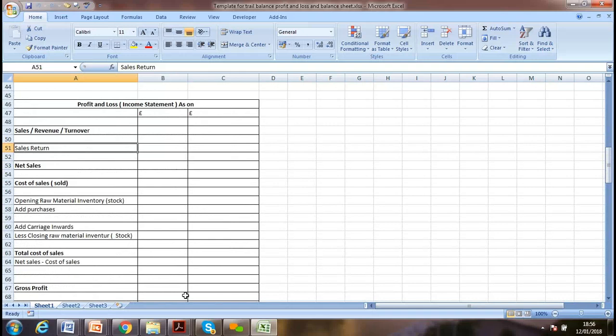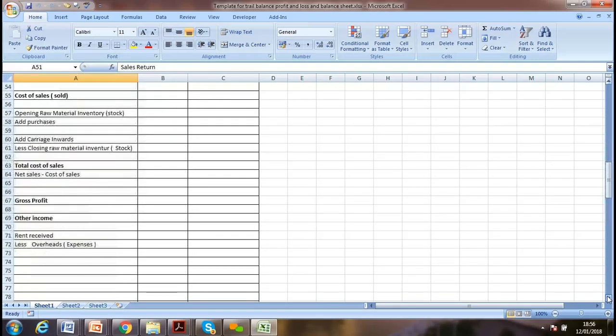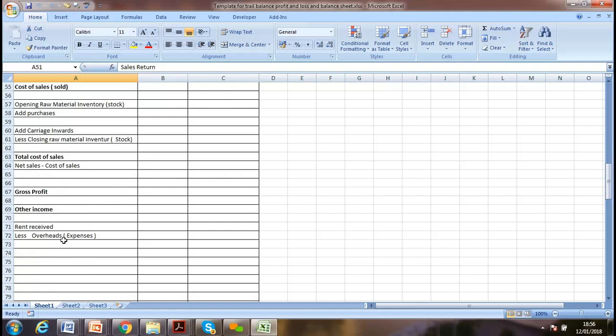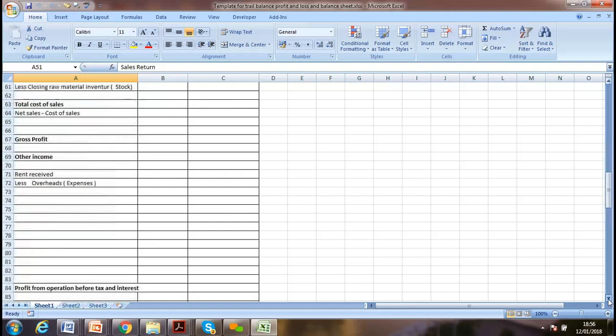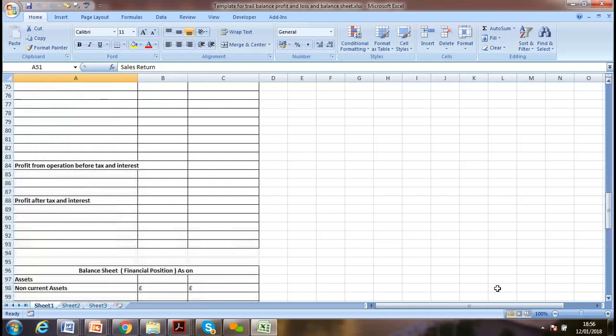If you minus it from your sales value, it becomes your gross profit. And then if we have other income, and less all other expenses, you will get the profit for the year, which has already been explained. Before tax, if we have tax, we can minus it from that, and it becomes the net profit after tax.